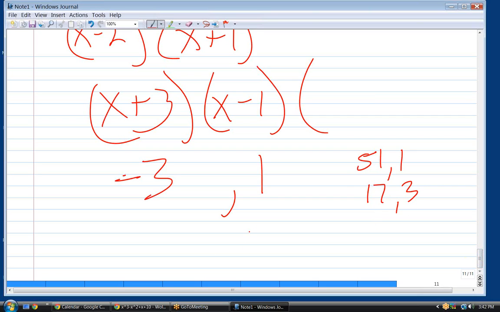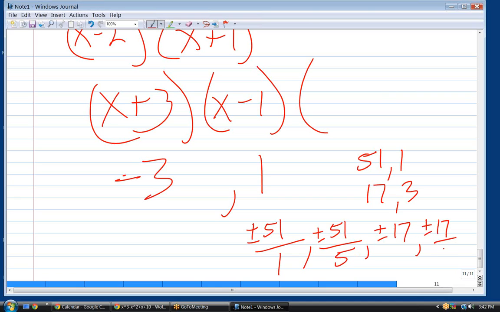So our possibilities would be plus or minus 51 over 1, plus or minus 51 over 5, plus or minus 17 over 1, plus or minus 17 over 5, plus or minus 3, plus or minus 3 over 5.